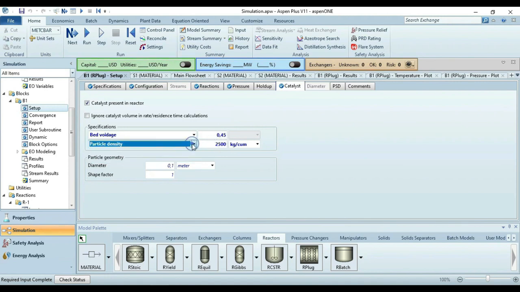With this information, the remaining volume will be occupied by particles of catalyst. The diameter and shape factors will be kept as default.